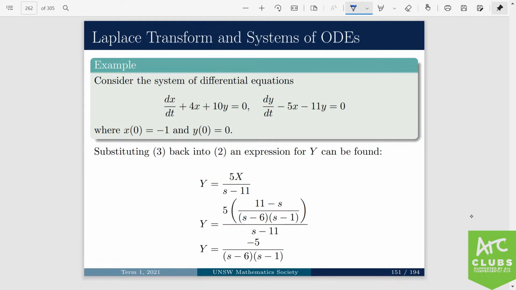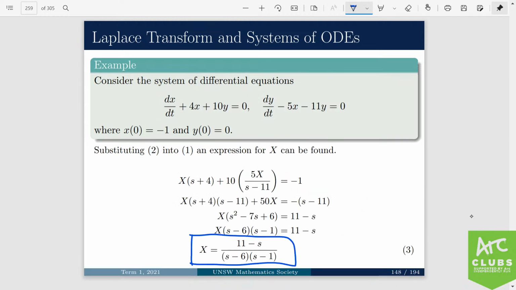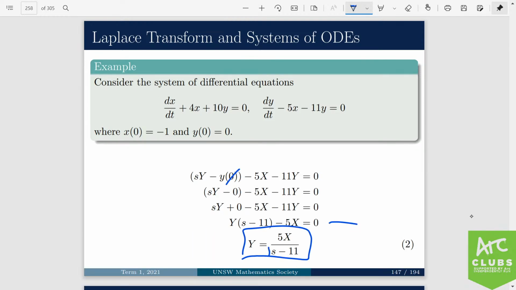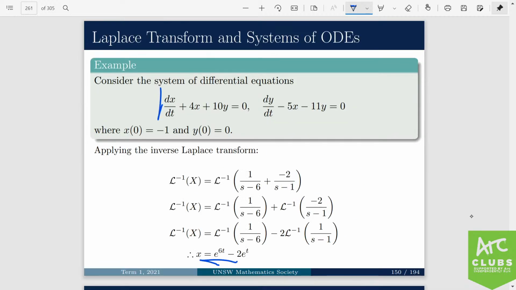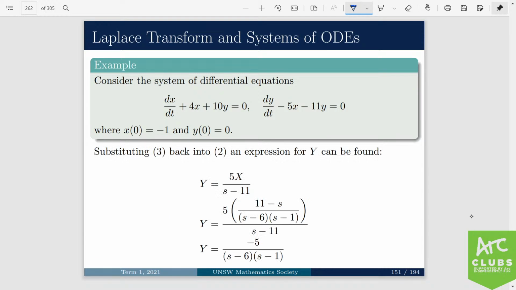So we substitute back in. The reason I did that is because I saw this term, and I saw that this is going to cancel with this one for x and make it really simple. So we do that, and then we get this for y. So we're substituting back the Laplace of x into the Laplace of y.